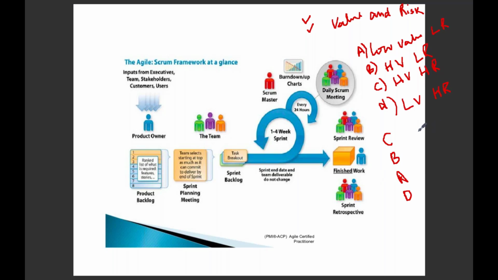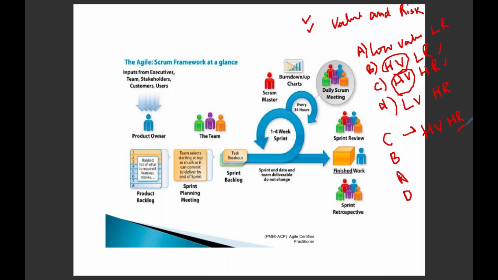You all agree high value items should be delivered first? Yes. So there is no discussion about this. Then whether we have to deliver the high risk items first or low risk items first. Ideally, you should always deliver high value, high risk items first. You all remember the bottom line we discussed in the previous class? Fail early, fail often.